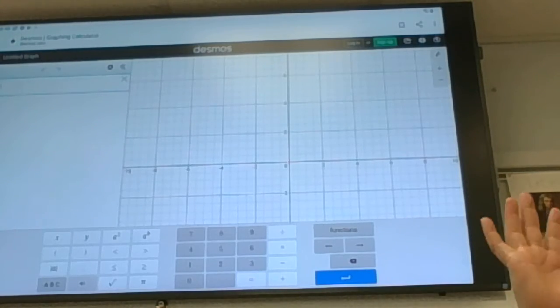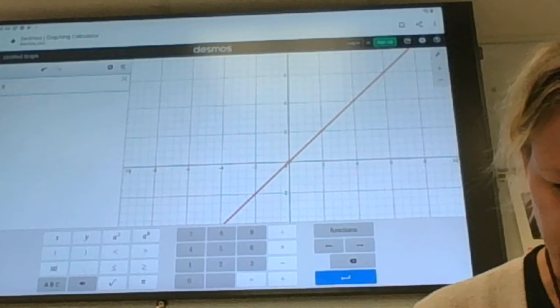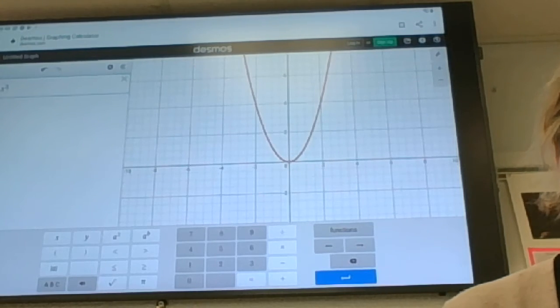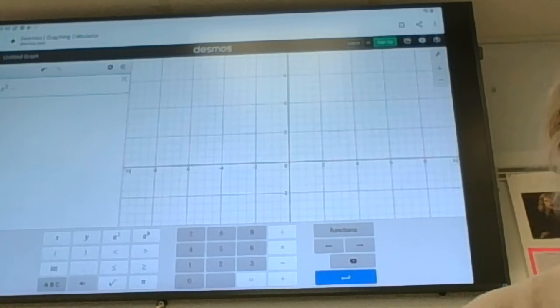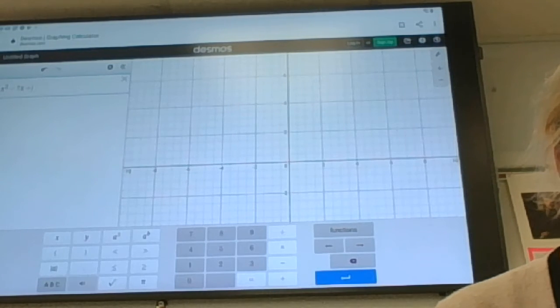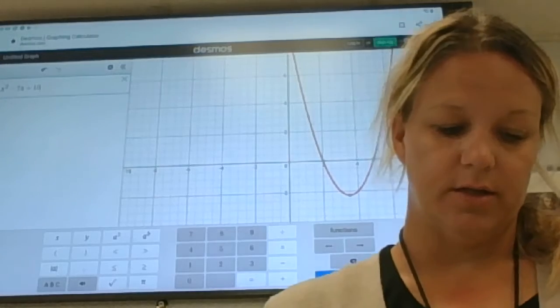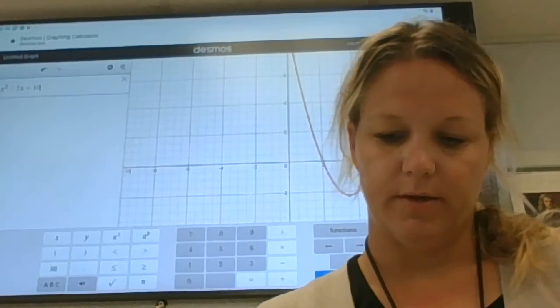So hopefully it looks something like this when you get there. And so now we're going to type in x squared minus 7x plus 10. And then you're going to answer the questions 1, 2, and 3.